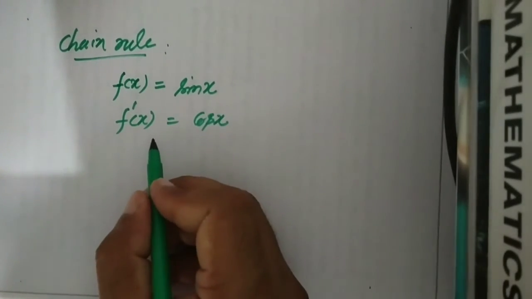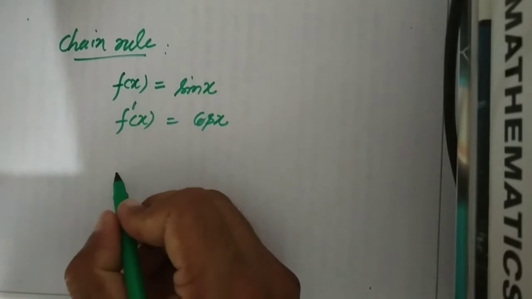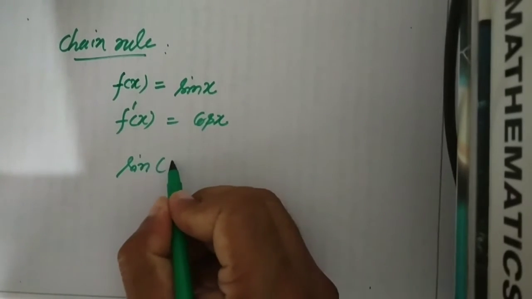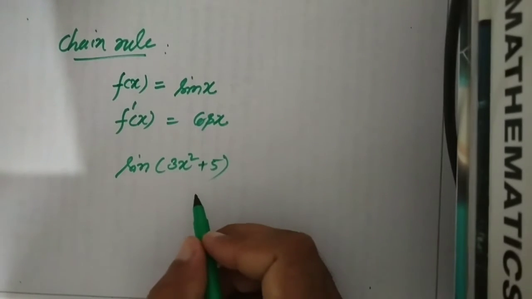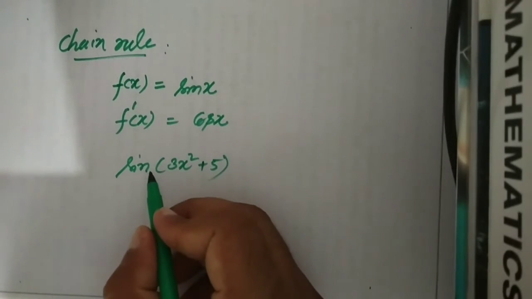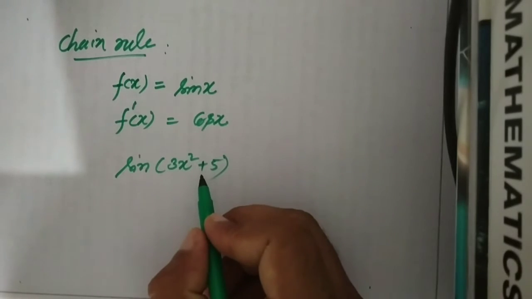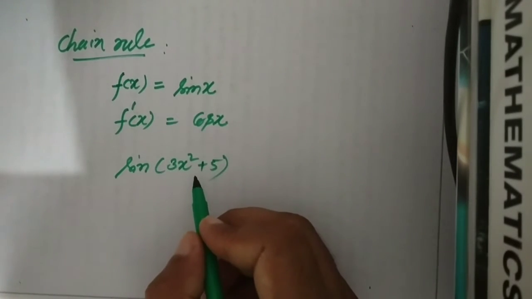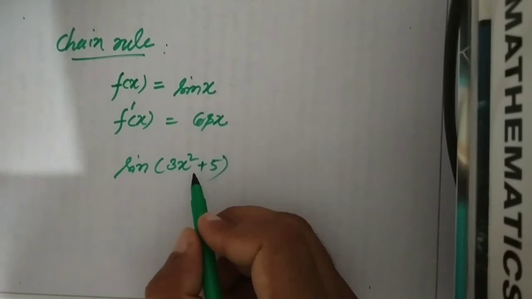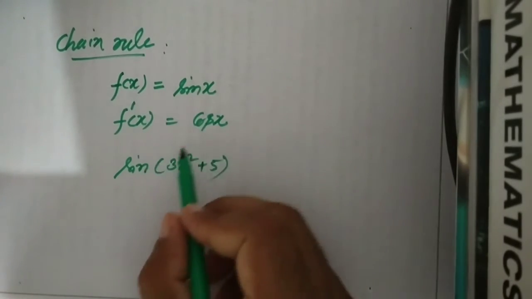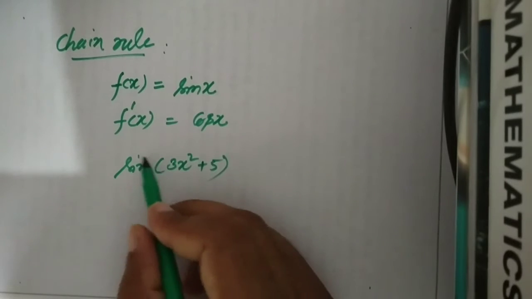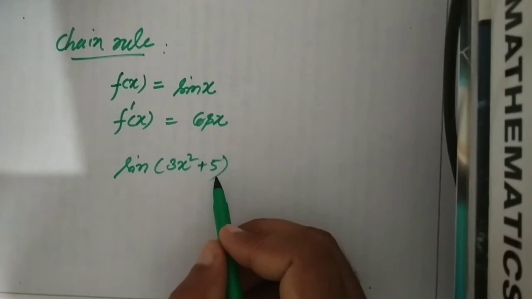But when we are given a function like sine of 3x squared plus 5, the sine function is composed with an algebraic function, so we cannot find the derivative without the chain rule, because a single function derivative would only differentiate either sine or the algebraic function 3x squared plus 5.